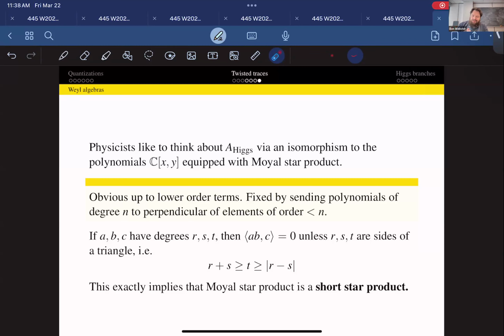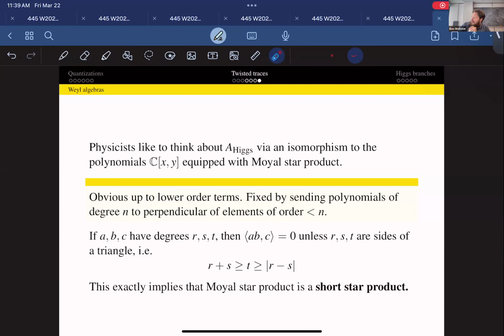Right, I sort of know what I should do up to lower order terms, that when I have some monomial in X and Y, up to lower order terms, it should go to the same monomial in polynomials, and I just have to figure out what the lower order terms are. But I can fix this by saying, well, the polynomials of degree n in real two variable polynomials should be the stuff in A Higgs, which has the right leading order term, that's perpendicular to all the elements of order less than n.